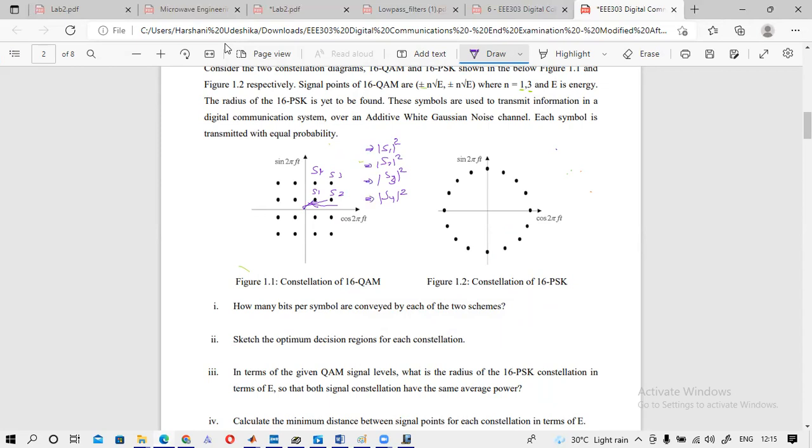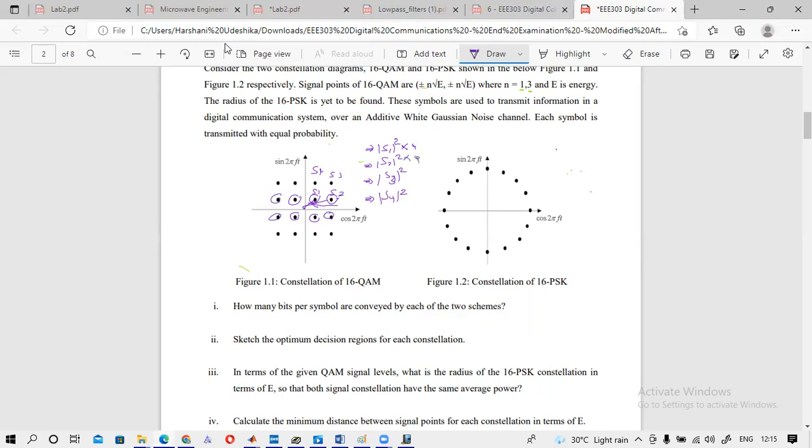You can see that these symbols have the same value, so I can just multiply this value by 4 to get all these four symbols.